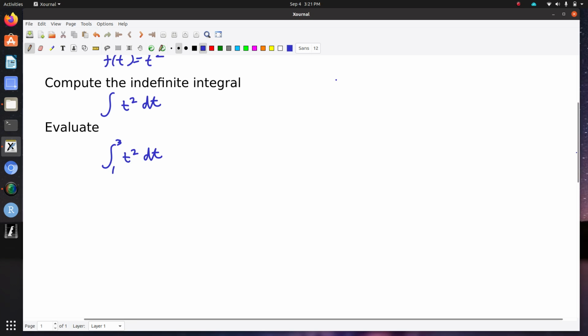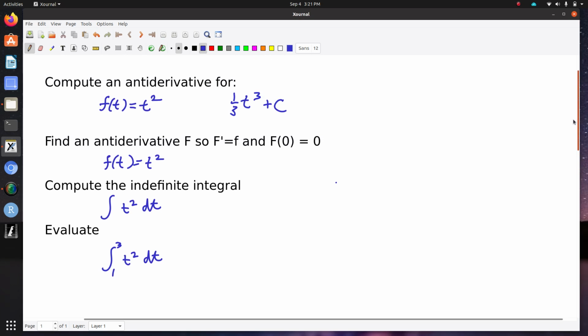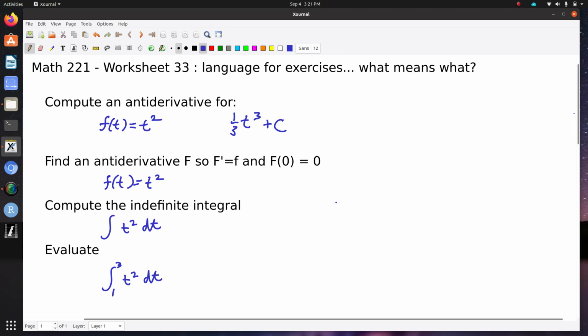Apparently my computer decided to jiggle on me. Okay. Now, you probably want to give it a name. F is good. Capital F is good. Now, compute the antiderivative so that f of 0 is 0. In this case, you're specifically being told that you have information so that you can figure out what c has to be.